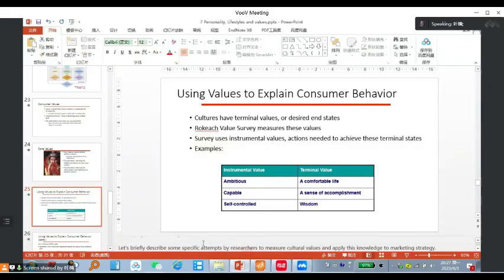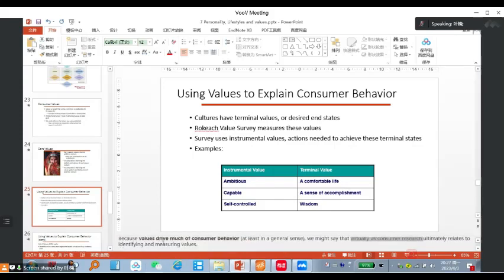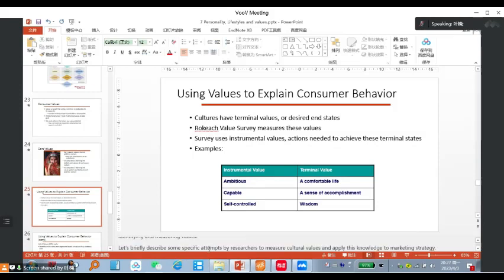Values drive much of consumer behavior. We might say that virtually all consumer research ultimately relates to identifying and measuring values. Actually, instrumental values and terminal values are two different sets of values.